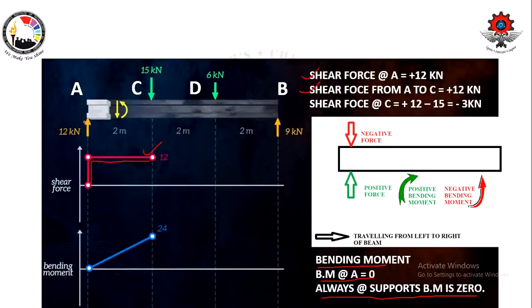There is no possibility of bending moment happening here, right? We have the force, but we don't have the distance. Distance is 0, so force into 0 is 0. So bending moment at A and bending moment at B is always 0, right?